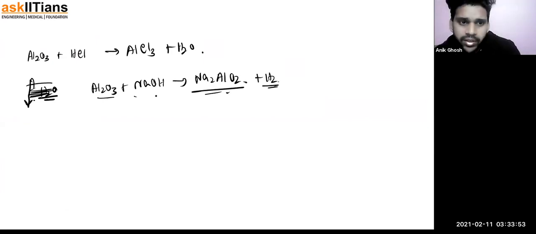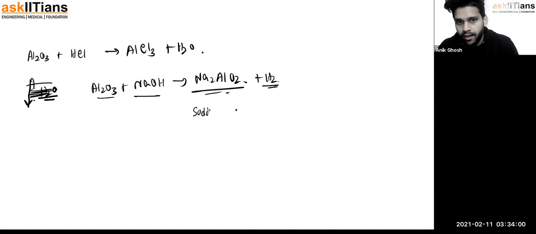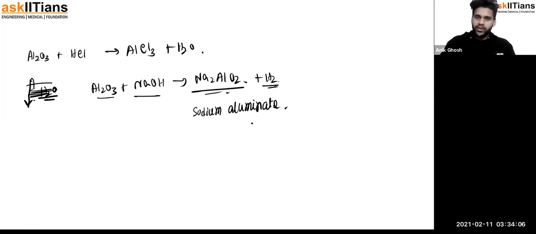When Al2O3 reacts with NaOH, another base, we would get Na2AlO2, sodium aluminate. So these are called amphoteric oxides.